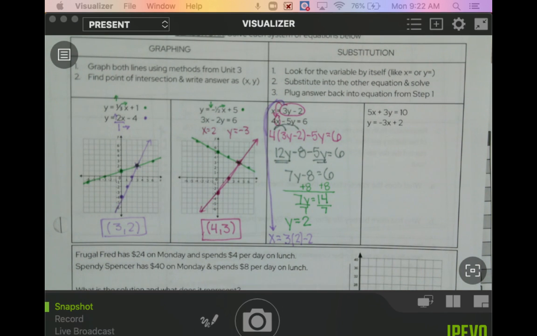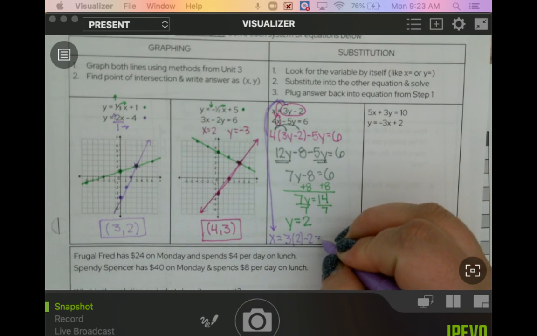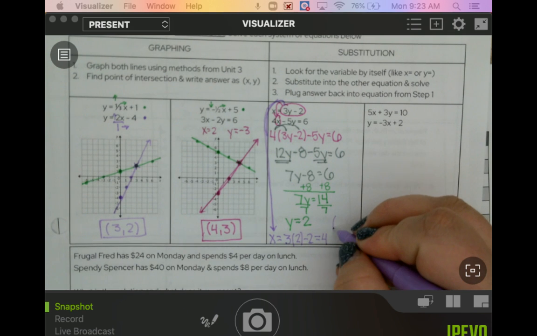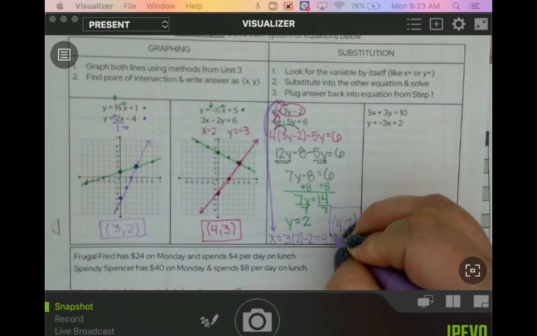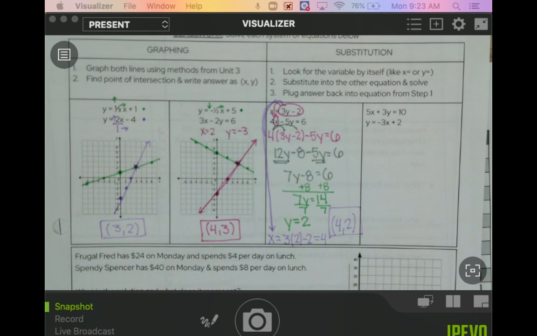And 3 times 2 is 6. 6 minus 2 is 4. Okay, now I'm showing every little step to you guys. You do not necessarily have to do the same thing on your work. I'm just doing it because I need you guys to see it.